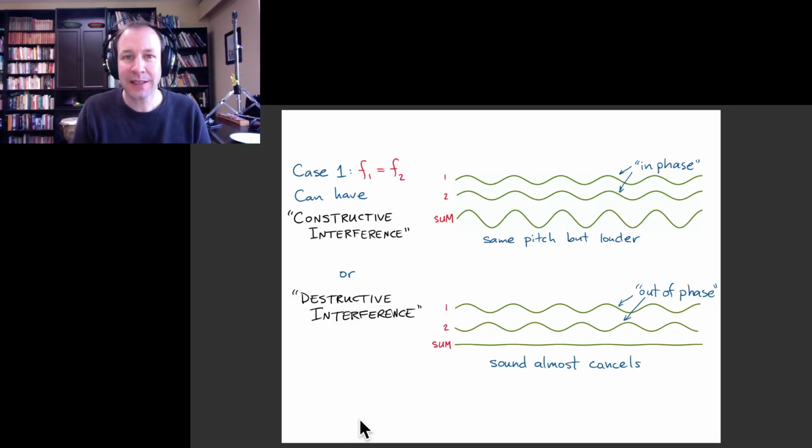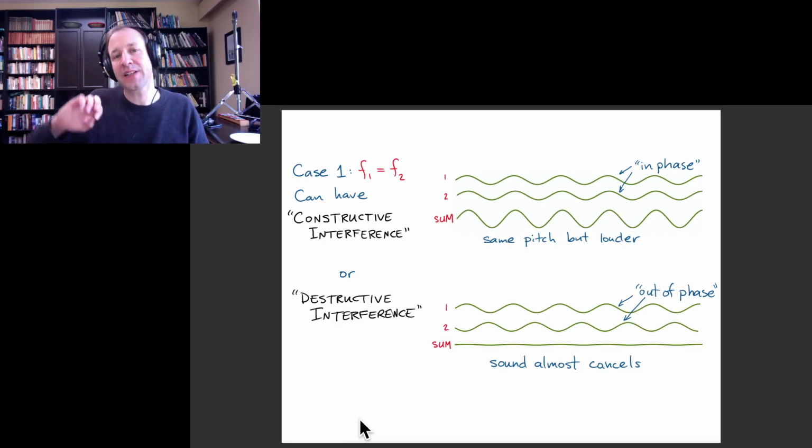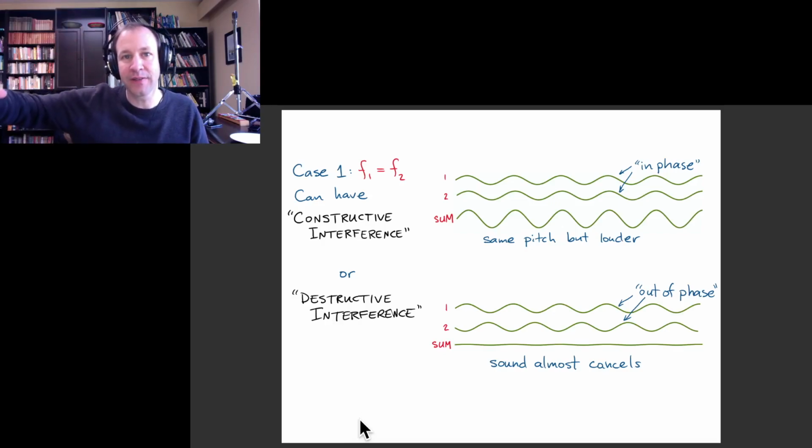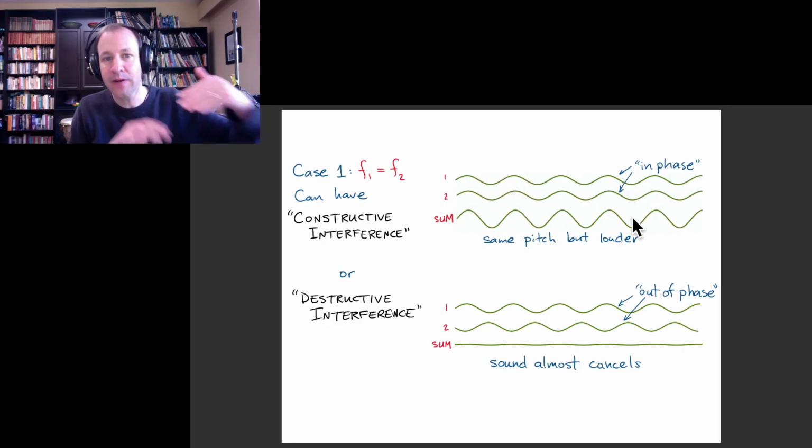The interesting thing is that depending on exactly how those are timed relative to one another, you could actually get the combination of the two sounds being louder, or in some cases, they could even be softer than before. So we've drawn the two frequencies and they're perfectly lined up.